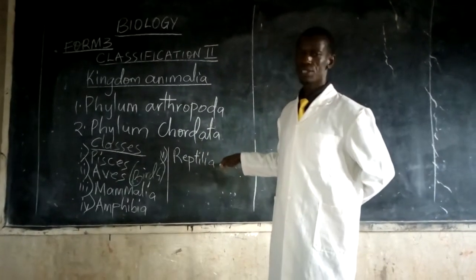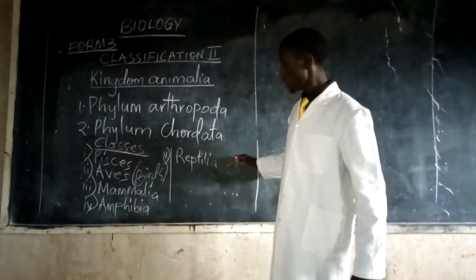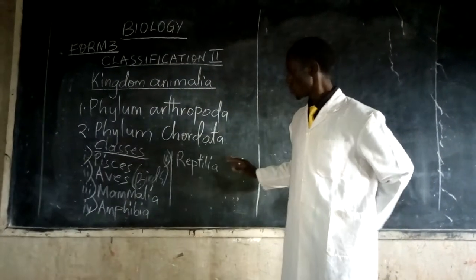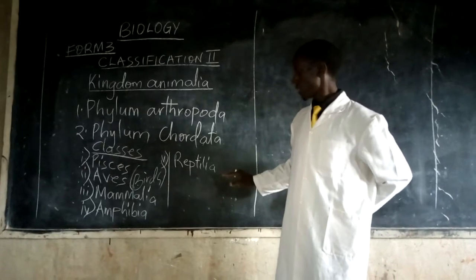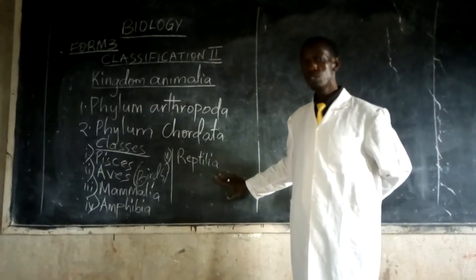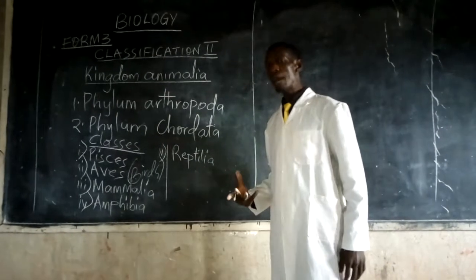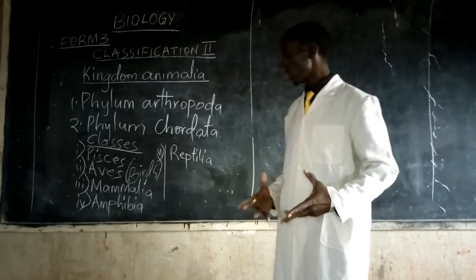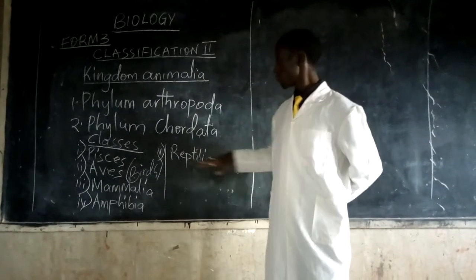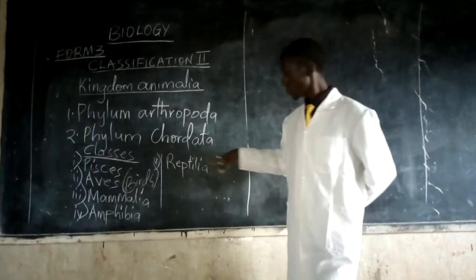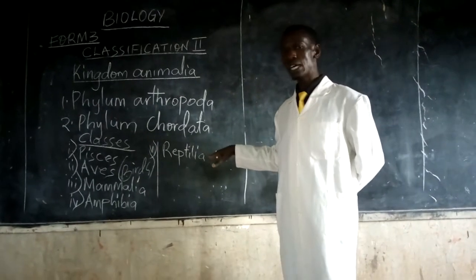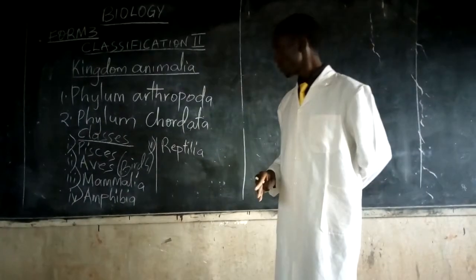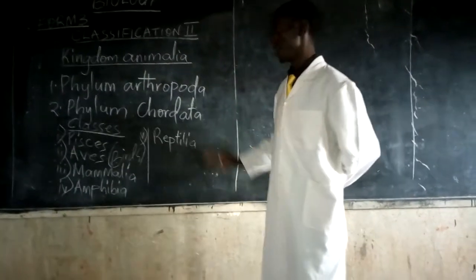We also have class Reptilia, and they are quite different from class Amphibia because a bigger number of organisms belonging to this class occupy the terrestrial habitat, unlike the amphibians which occupy the aquatic habitat only. For class Reptilia, we have examples such as crocodile, lizard, gecko, among others.